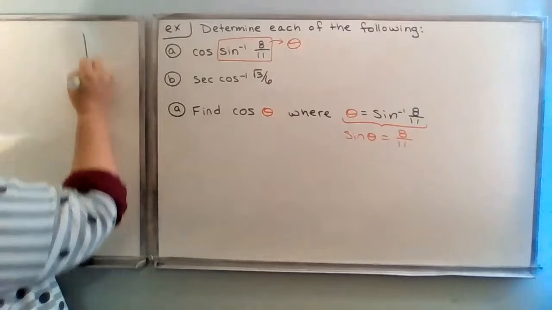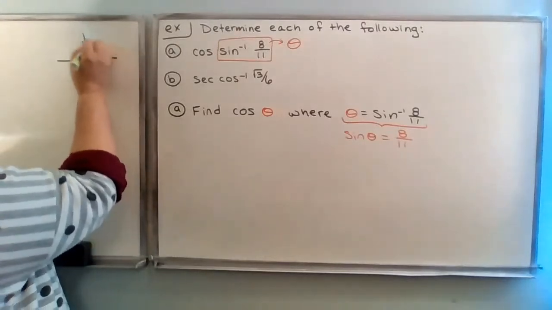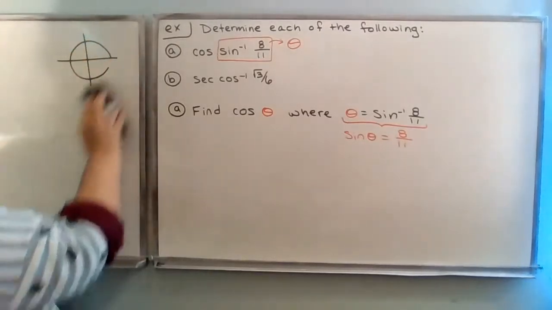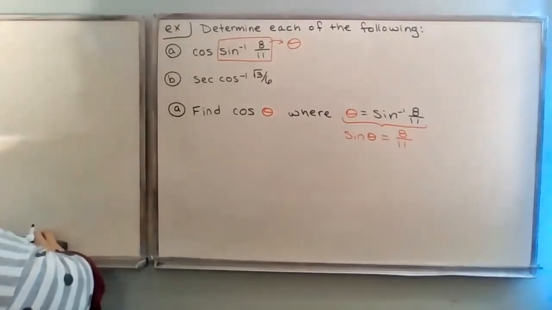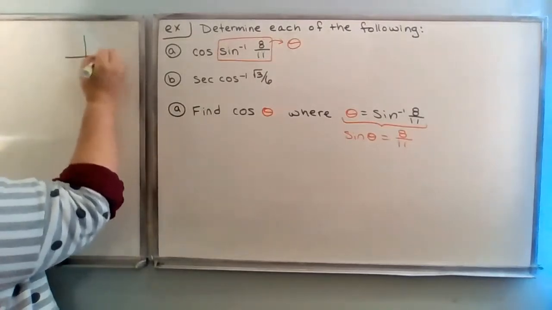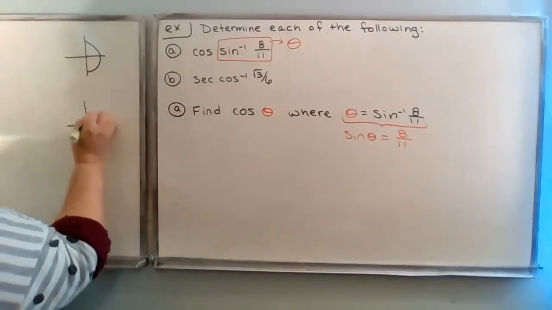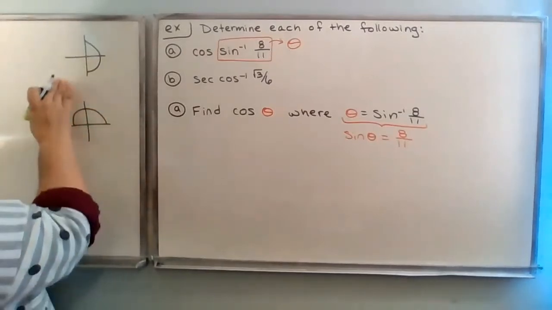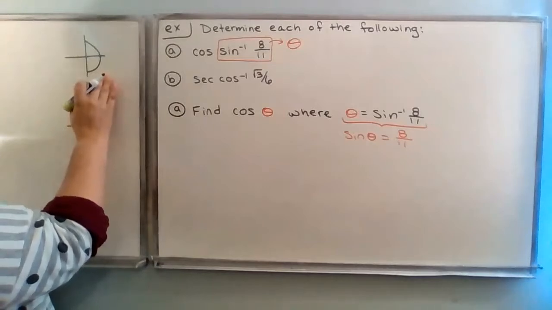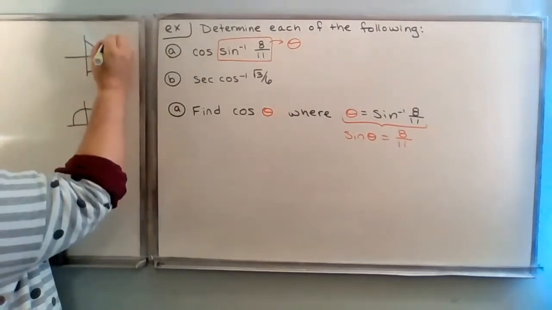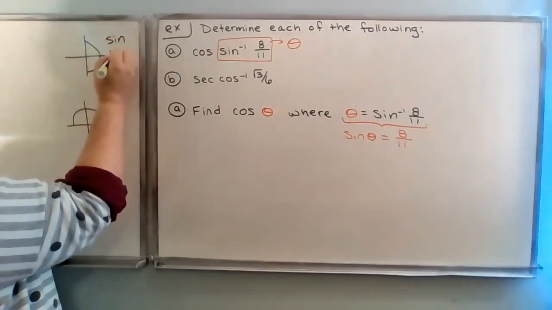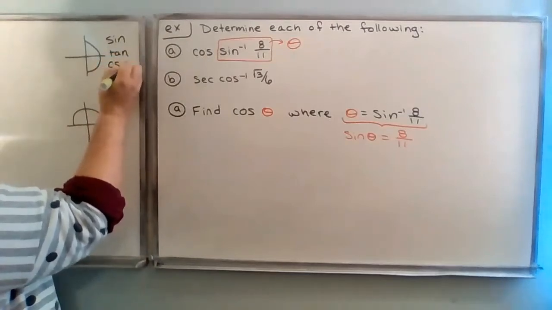So remember, some of our trig functions were restricted, not to the whole plane, but some were restricted just to the east, and some were restricted just to the north. The trig functions that were restricted to the east, when we needed to find the inverse, were sine, tangent, and cosecant.